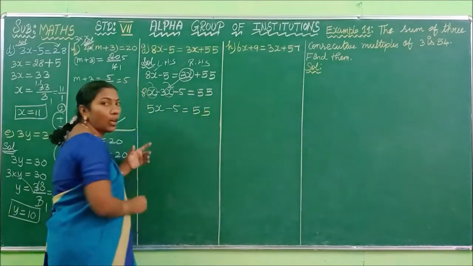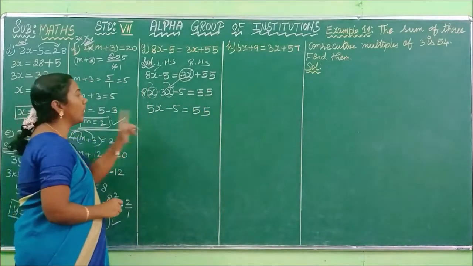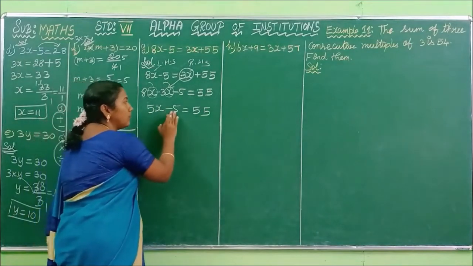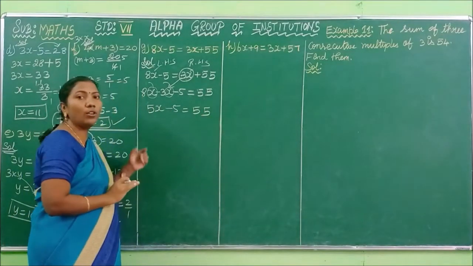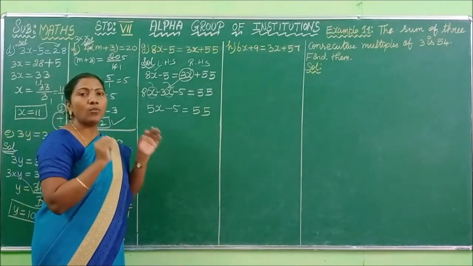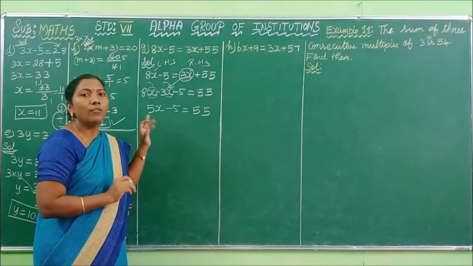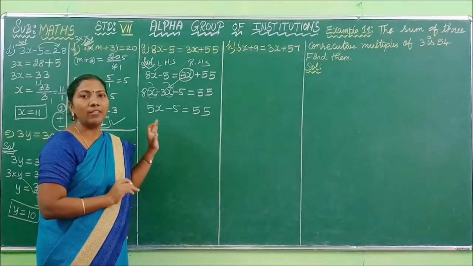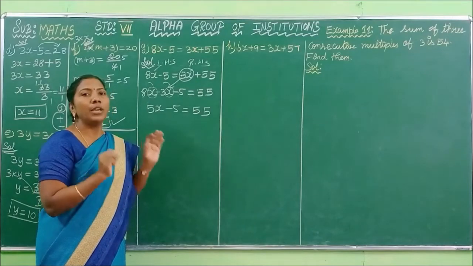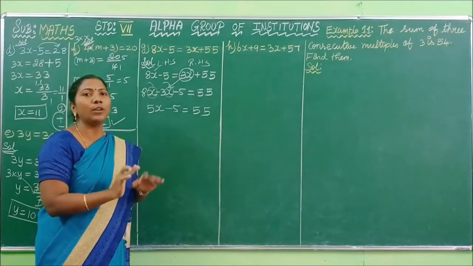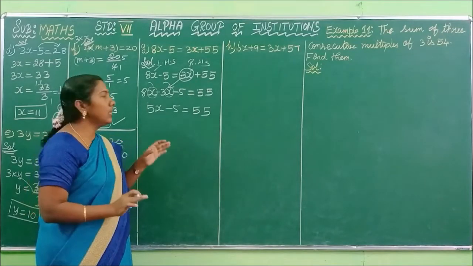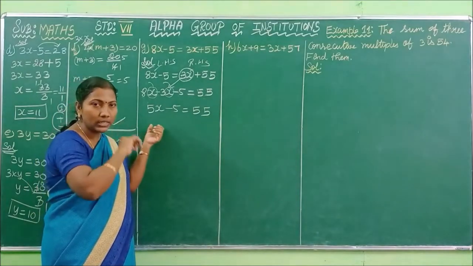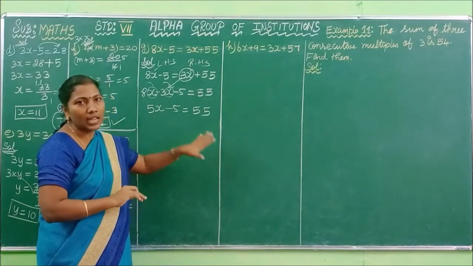I hope you all understand up to this step. Understand children? Next we are going to send this minus 5 to this side. Why are we doing like this? Because to find the value of x, we are doing like this. To find the value of the variable, we have to make the variable free from all the terms. For that, we are collecting the variable on one side and the numerical values on the other side.